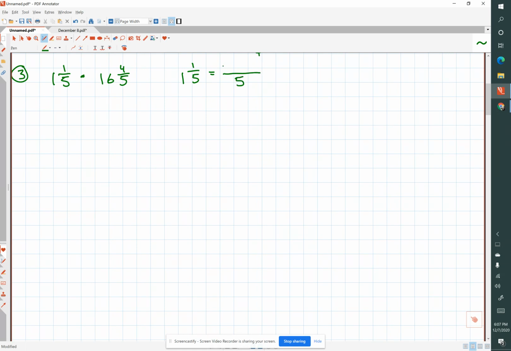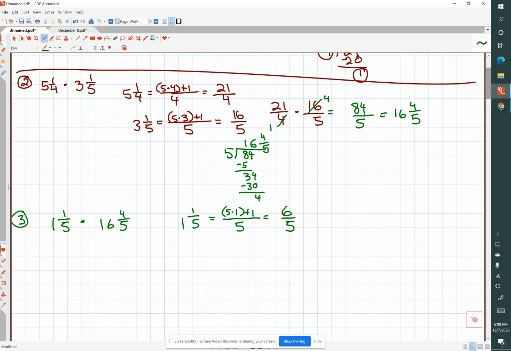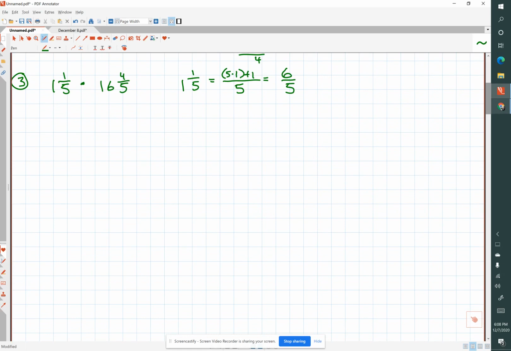Same denominator. So for the numerator, 5 times 1 plus 1, which equals 5 times 1 is 5, plus 1 more is 6. And 16 4/5, students, we already know what that is. We have that right here. That's 84/5. I will rewrite it. So fifths on the bottom. 5 times 16 plus 4, which is 84/5.